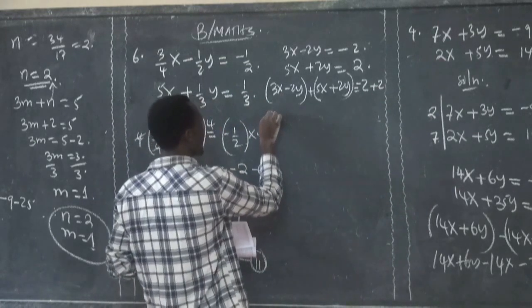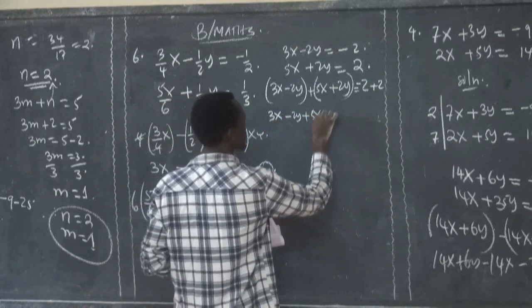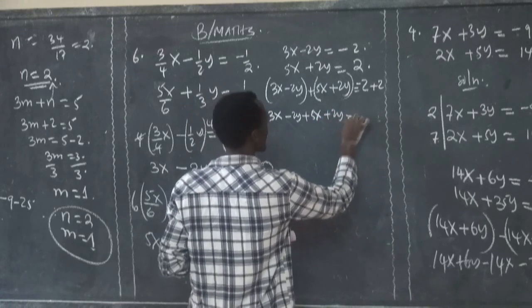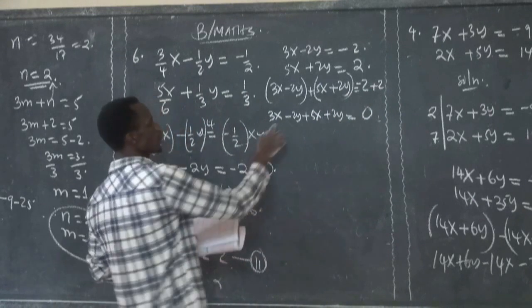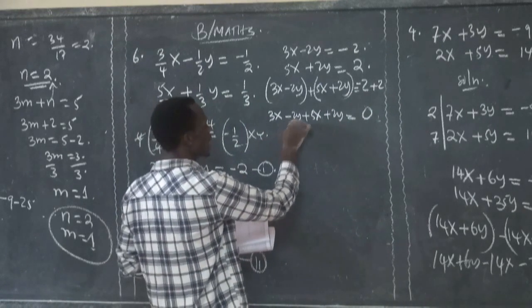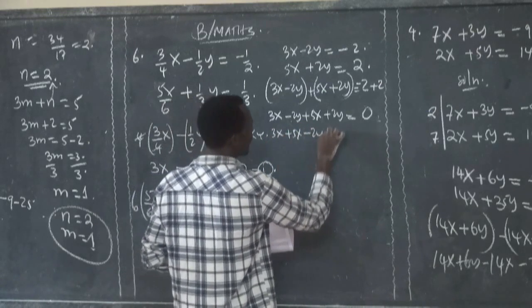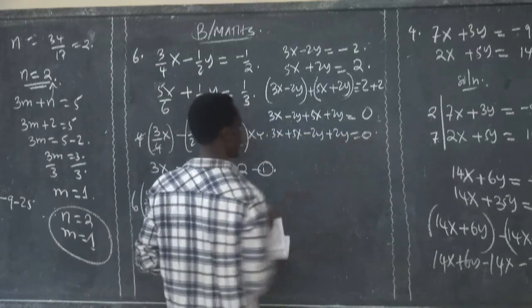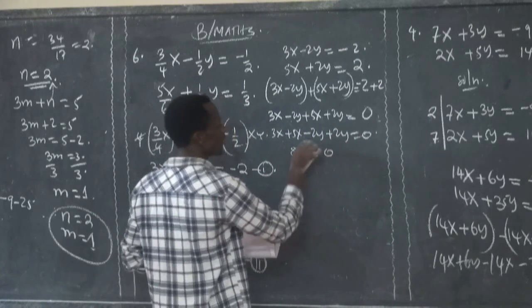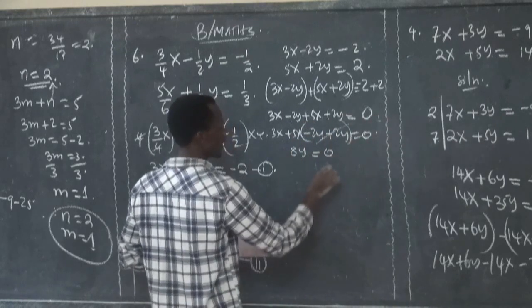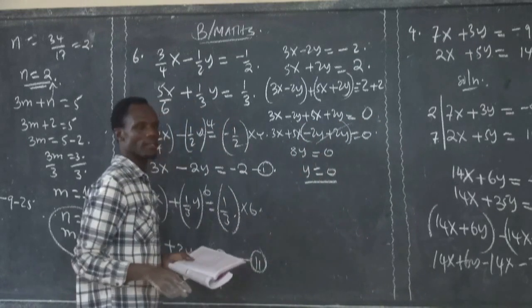Then, you open the bracket: 3x minus 2y, positive 5x, positive 2y is equal now to negative 2 positive 2, which is 0. Here, we have 3x, positive 5x, negative 2y, positive 2y is equal now to 0. Then we have 8x is equal now to 0. The y terms are eliminated. Then x is equal to 0, because you divide by 8 both sides.